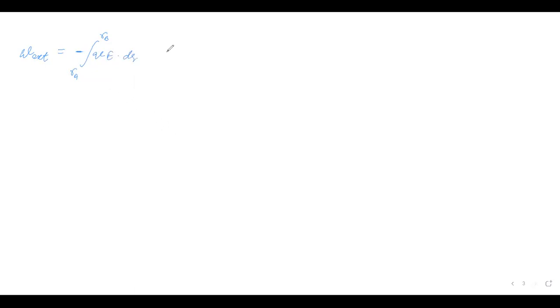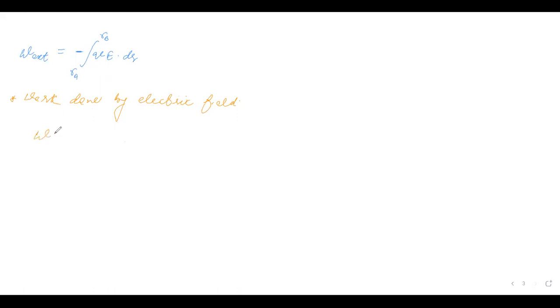Right? Then, if you want to calculate the work done by electric field, how can you calculate it? So please note it down. Work done by electric field. We already know the relation between the electric force and the external force.